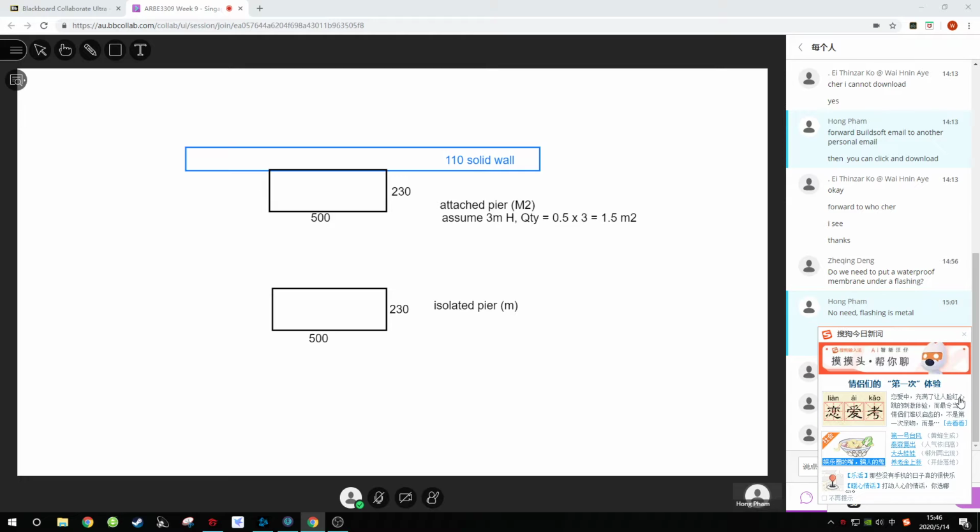Another one here, let me draw it. Also, I have 2 numbers. Quantity is 3 meter times 2 equals 6 meter. So this is how it works. You understand, guys?